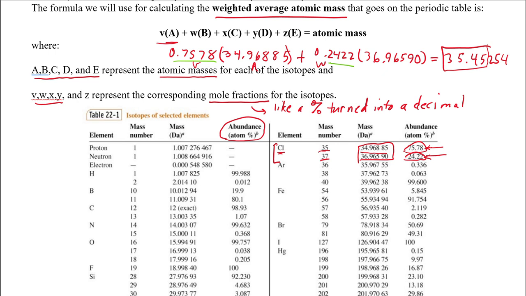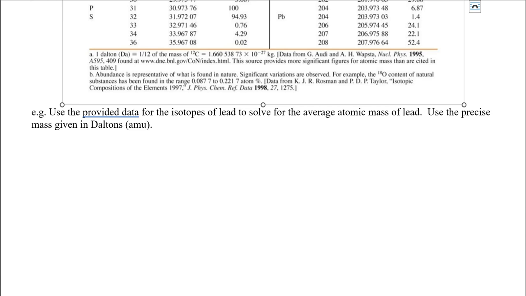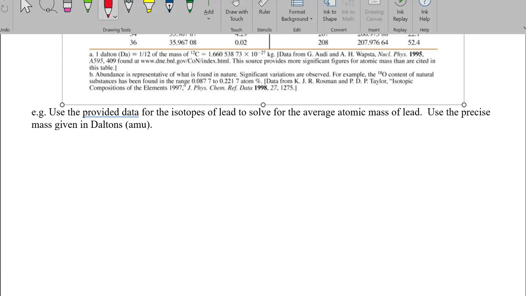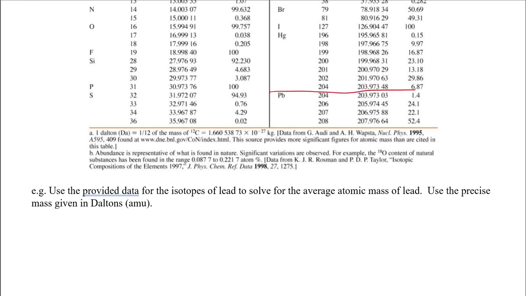All right. I want to scroll up on this paper, and I'm going to do the lead example. So you can see we're seeing lead here in our table. I'm going to have to use my mole fraction of the lead 204. My percentage is 1.4, so that would be 0.014, turning a percentage into a decimal.